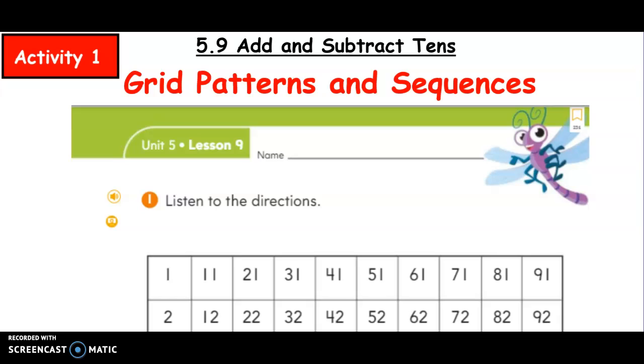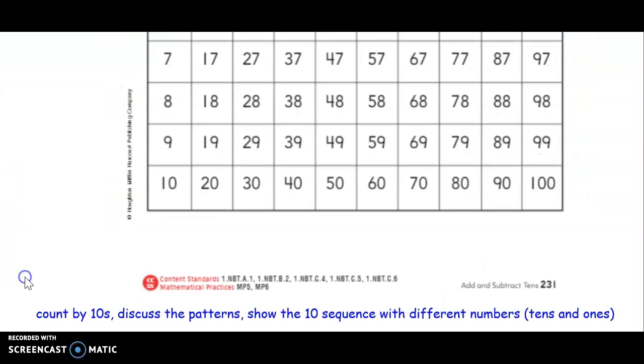All right, here's activity number 1. This involves some counting and some listening to the directions. First I want you to find the decade numbers, and we remember that the decade numbers are these numbers that go up by 10 each time. So let's do that. 10, 20, 30, 40, 50, 60, 70, 80, 90, 100.